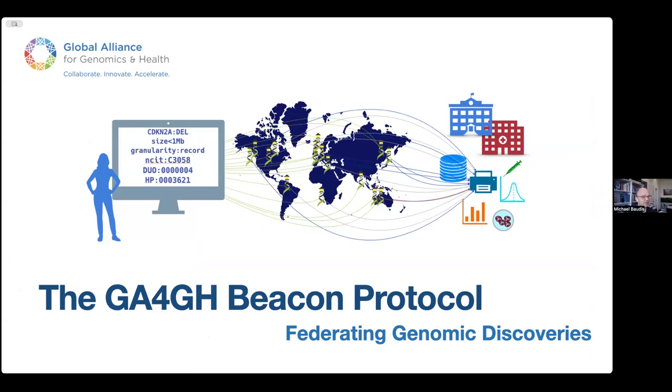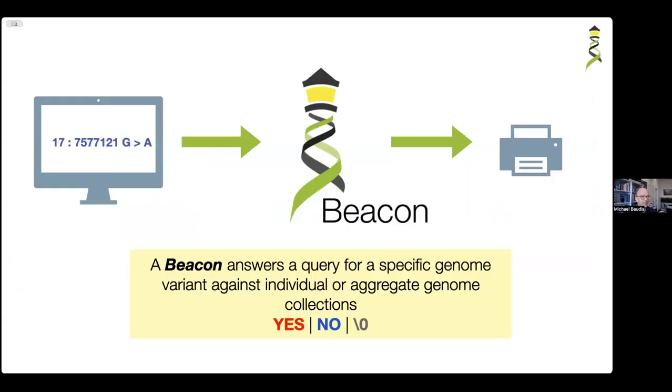So, federating genomic discoveries. The Beacon protocol was a very smart idea when GA4GH was initiated, and the idea was to really ask data producers and contributors if they can open up their data stores, which frequently were large VCF files or so, to these simple queries.